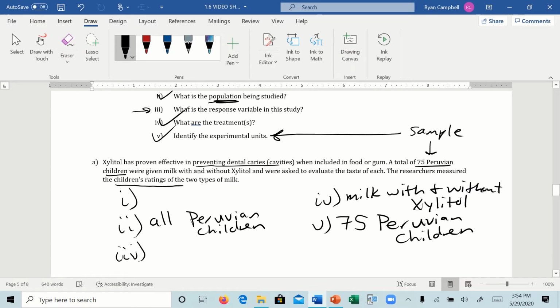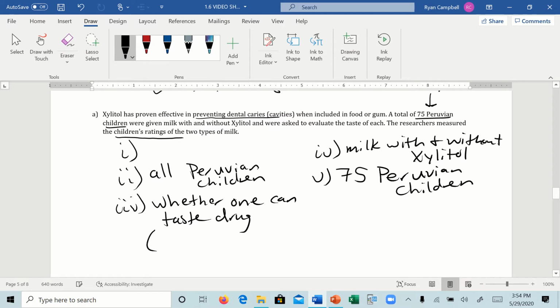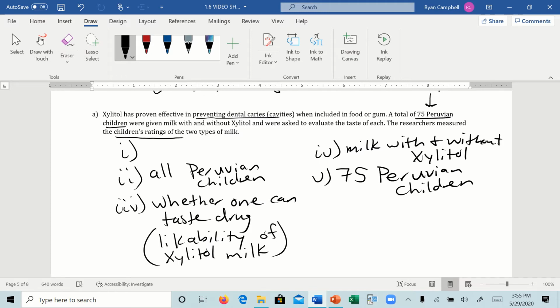So what they're actually measuring is whether one can taste the drug. Or you could write something like the likability of the xylitol milk. Right? They're trying to see if children would actually, if they put this in milk, would children actually drink it?